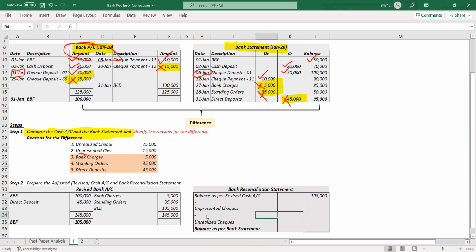Unpresented is plus. Remember the P. 15,000. Unrealized checks, it's a minus figure, 25,000.